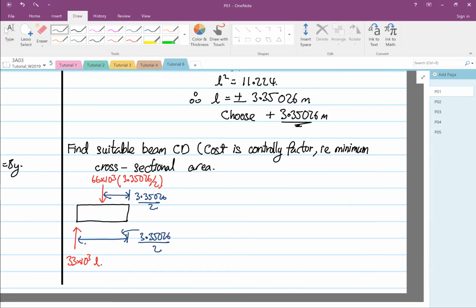Okay, I'm going to call this point F. So we're going to take summation of moment at point F equal to 0, positive bending moment, positive shear, so this is our MF.